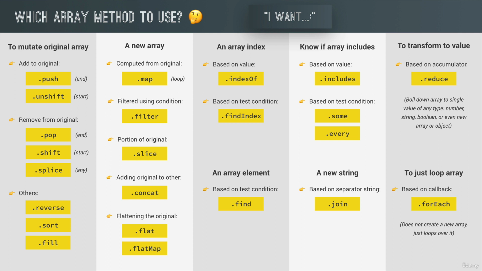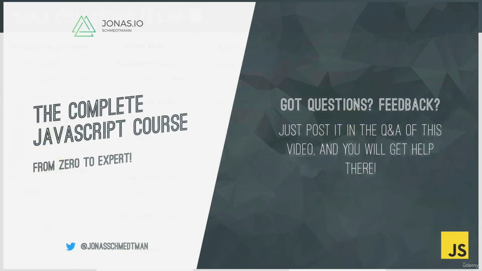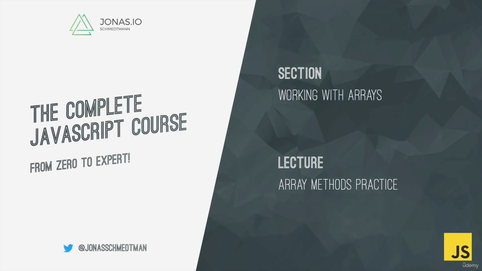That's an overview of all the 23 methods that we can use on arrays. And it might be a good idea to somehow keep this overview handy. For example, print it out on a paper, or just store it somewhere on your computer. Anyway, now all there's left to do in this section is to complete the final coding challenge. So let's do that right in the next video.